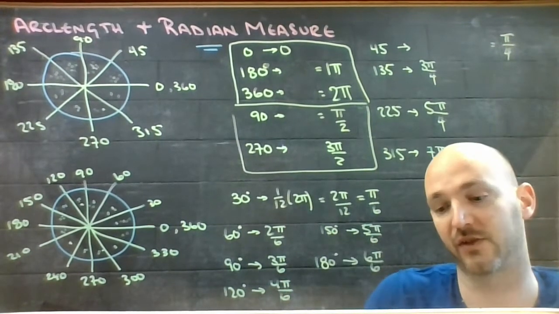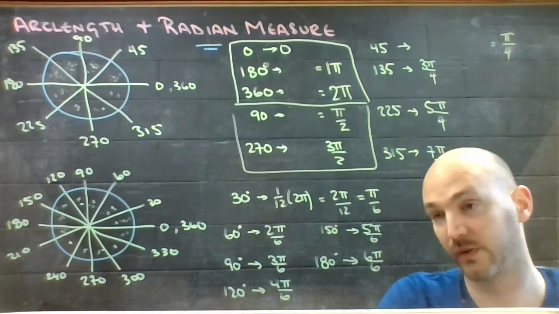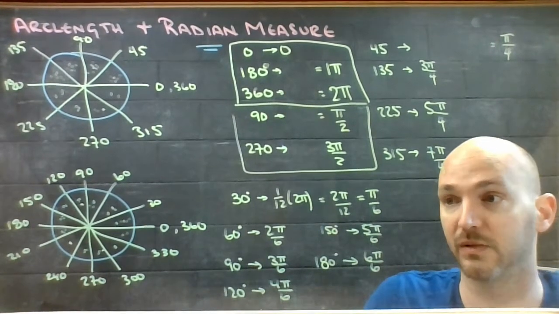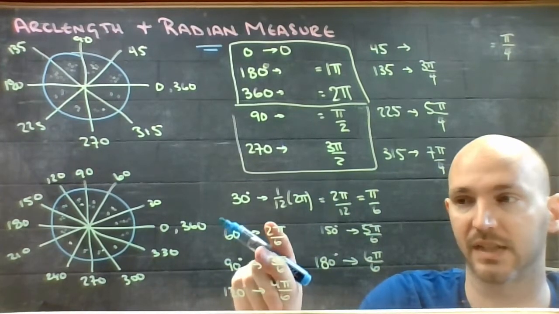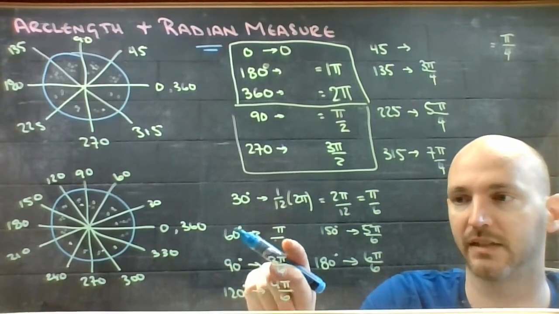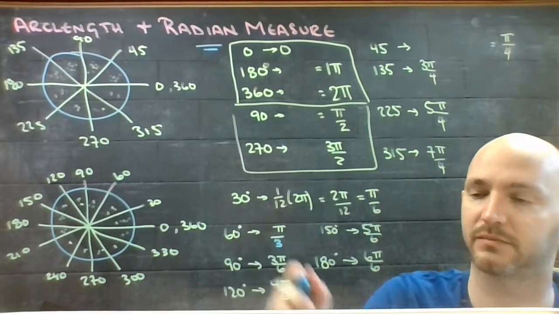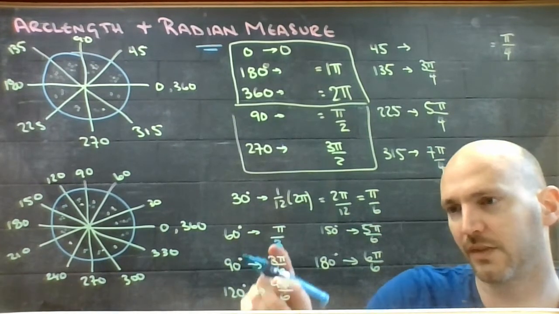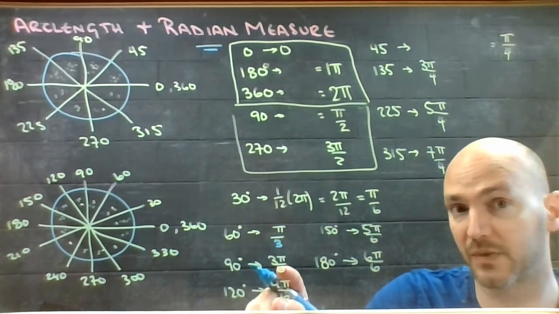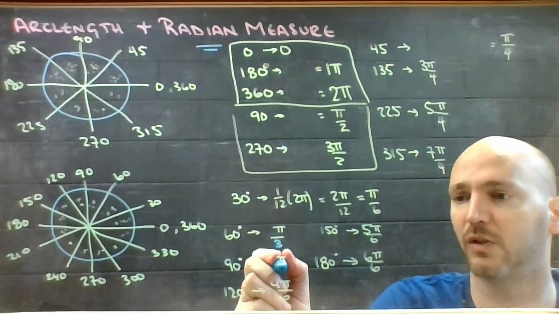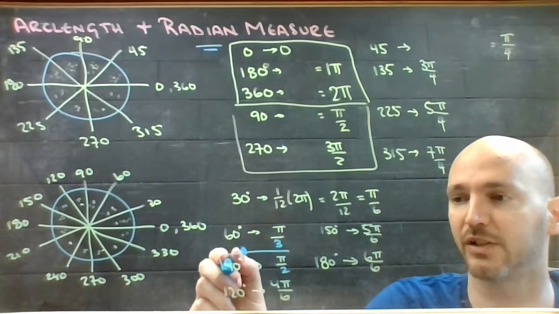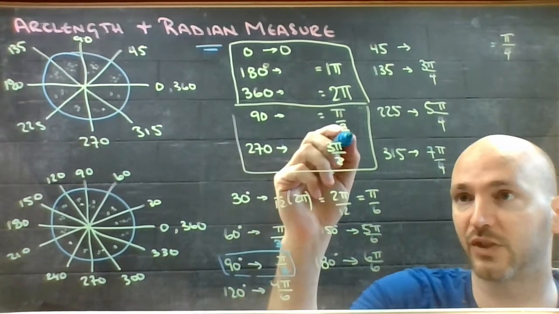Now, some of these fractions reduce, some of them don't. So I'm just going to hunt for the ones that do. Pi over 6 doesn't reduce. 2 pi over 6 is the same as 1 pi over 3. 3 pi over 6, so both of those numbers divide by 3. So that reduces to a pi over 2. And that's encouraging because we saw that value show up here.